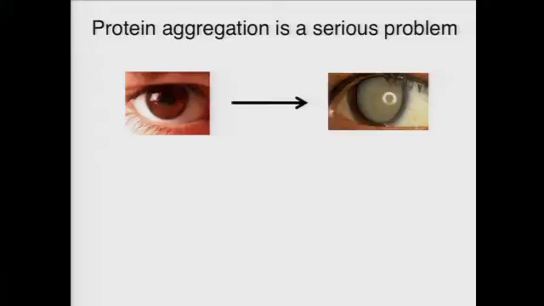So here's a beautiful brown eye of a young person, and that's the eye of a cataract patient. What happens is that the crystalline protein that makes up our clear eye lenses, after many years of use, has refused to stay soluble, and it has crashed out and aggregated. So at this stage, the only cure is to surgically remove that lens.